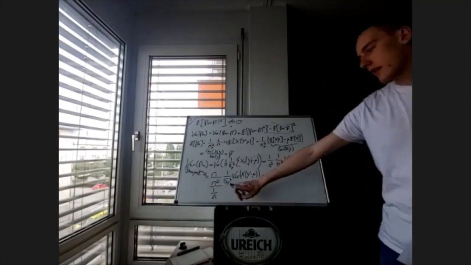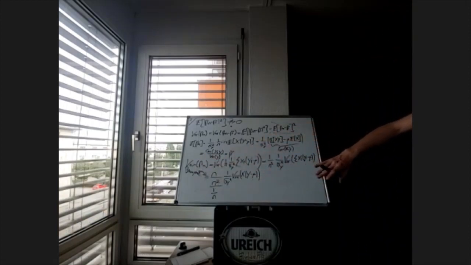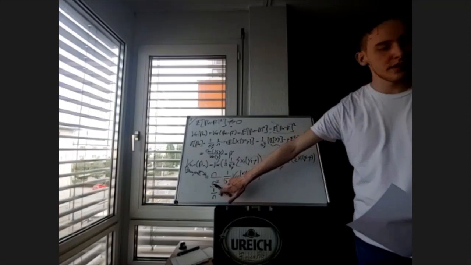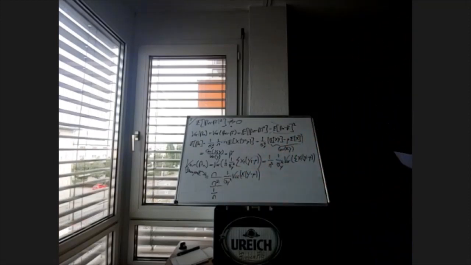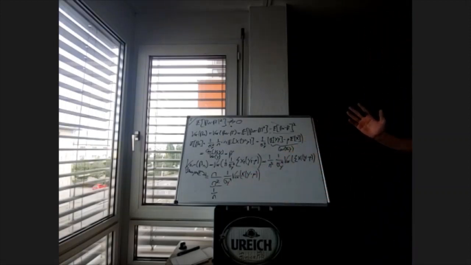So if nothing funky happens here, the whole expression goes to 0 when n goes to infinity, because the first part goes to 0 when n goes to infinity. And yeah, why is this finite? Just use the inequality of your choice here again.